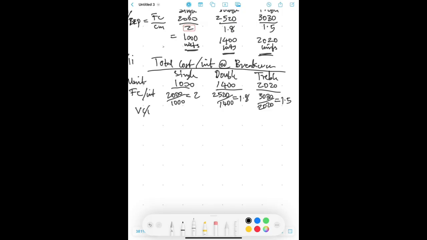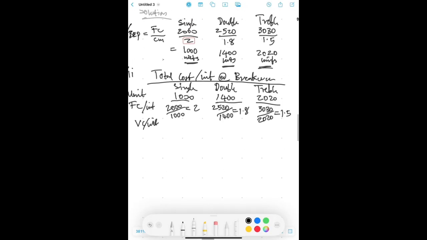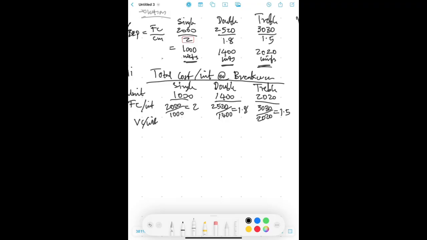Then the variable cost per unit is already given in the question, you don't need to calculate it, just lift it. For variable costs, we have 3 for single, 3.2 and 3.5.